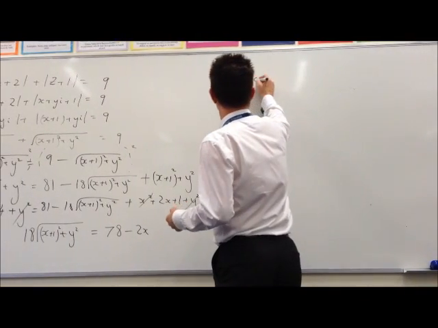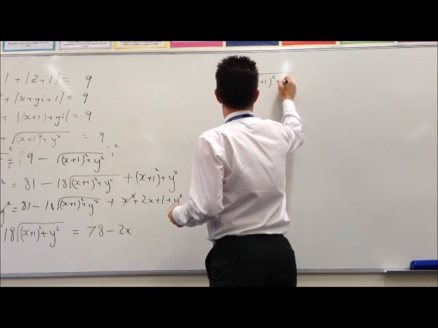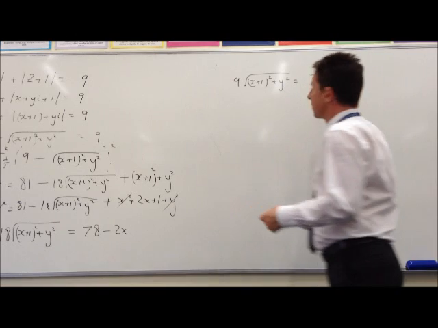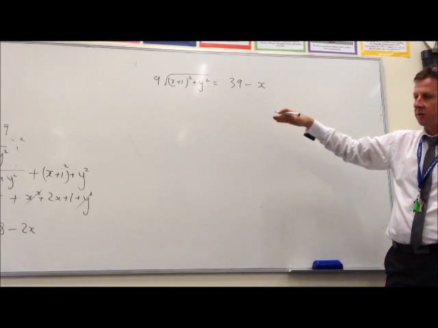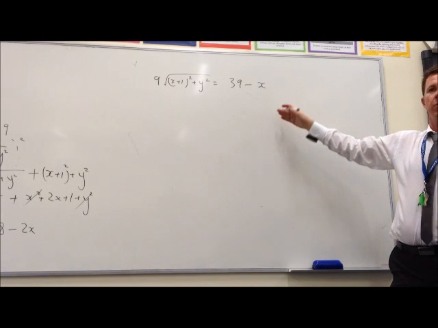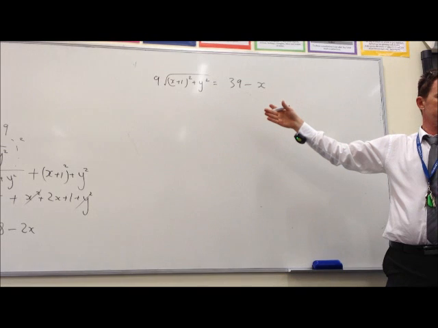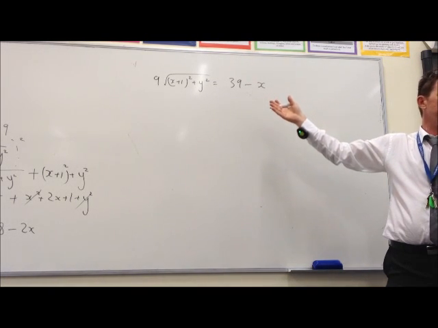Not that I can work out the other ones. Yeah, divide everything by 2. 18, 78 and 2. Now what? Remember, I'm trying to get x's and y's together to find a relationship.